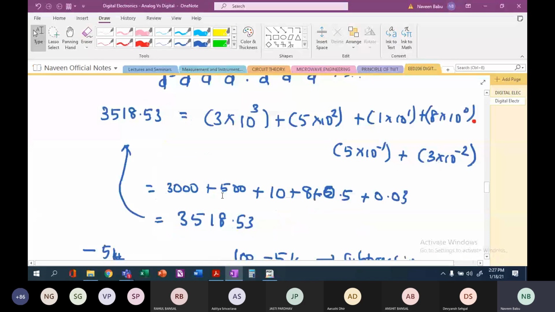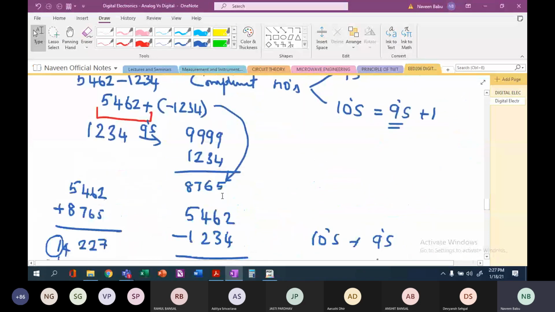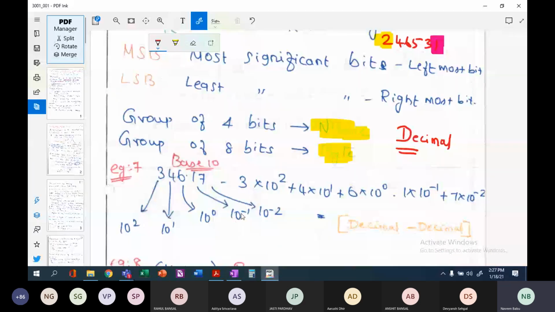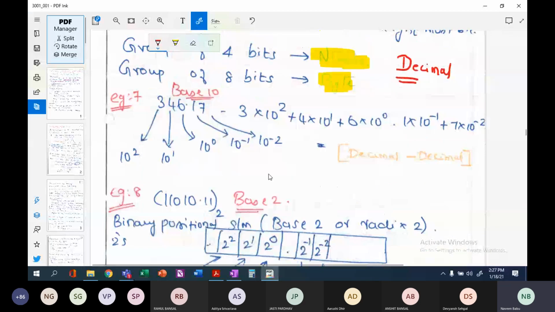Now let us take one decimal number, in general a number with base 10. Normally it will simply be written as 346.17 to the base 10, which means this is a decimal number.